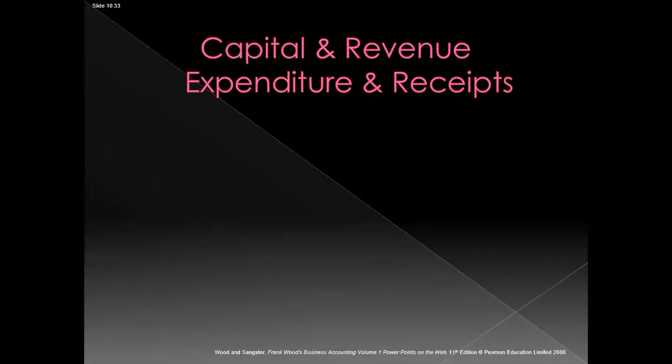First of all, you need to understand the meaning of expenditure. It means the spending paid by the business, and receipts show the income earned by the business. So why do we differentiate the expenditure and receipt into capital and revenue expenditure?